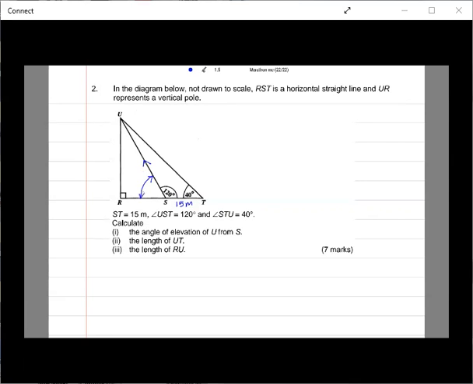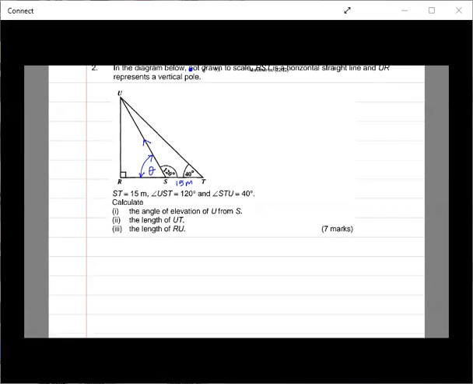SU is the line of sight, someone looking up at U from S. RS is the horizontal. The angle between the horizontal and the line of sight is the angle of elevation. This angle here, I could call it theta, is the angle of elevation.